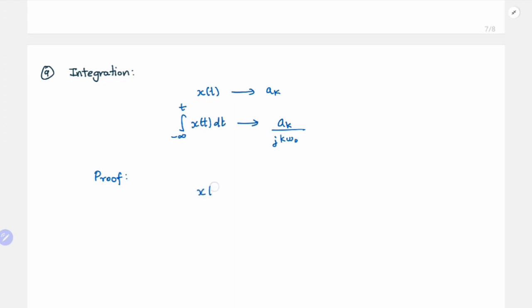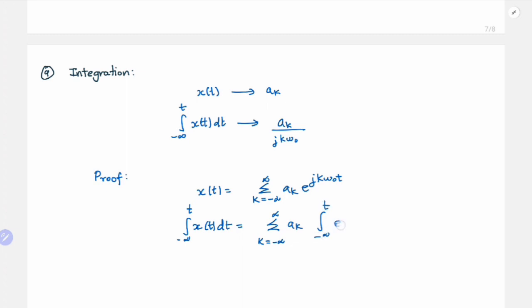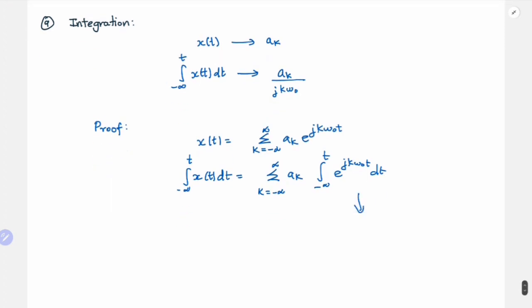Okay. So we have x of t is nothing but summation k equal to minus infinity to infinity a_k e power jk omega naught t, and the integral from minus infinity to t of x of t dt is nothing but, you can take it inside, the integral from minus infinity to t of e power jk omega naught t dt. So this integral is nothing but e power jk omega naught t by jk omega naught from minus infinity to t.